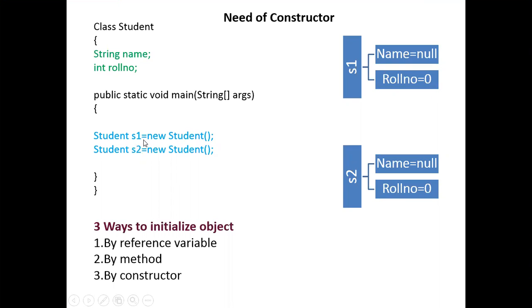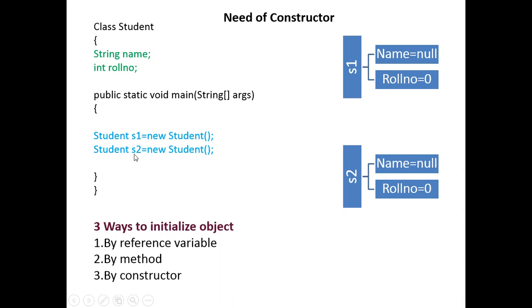So when we create this object S1, name is initialized to null and roll number is initialized to 0. When we create a second object, again memory is allocated and a copy of the instance variables is created, and both are initialized to default values: name to null and roll number to 0.